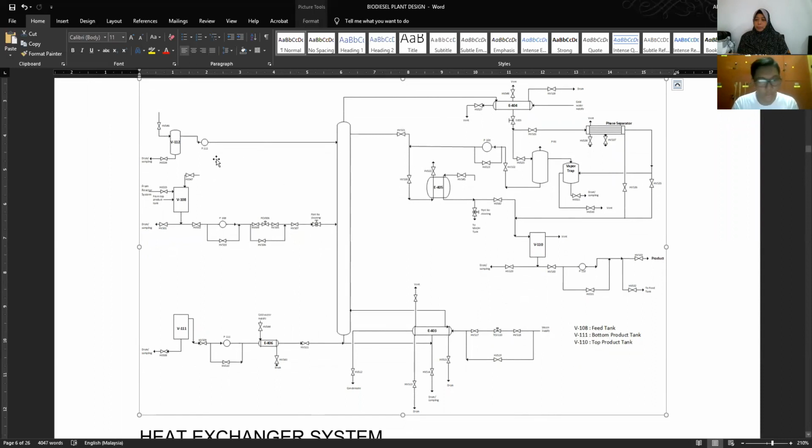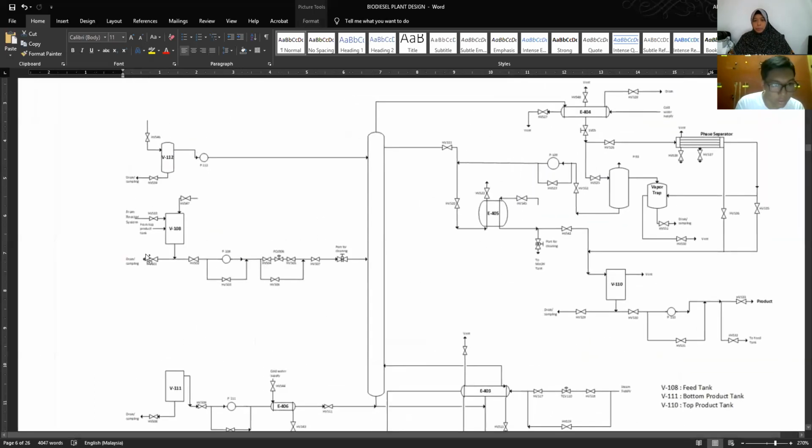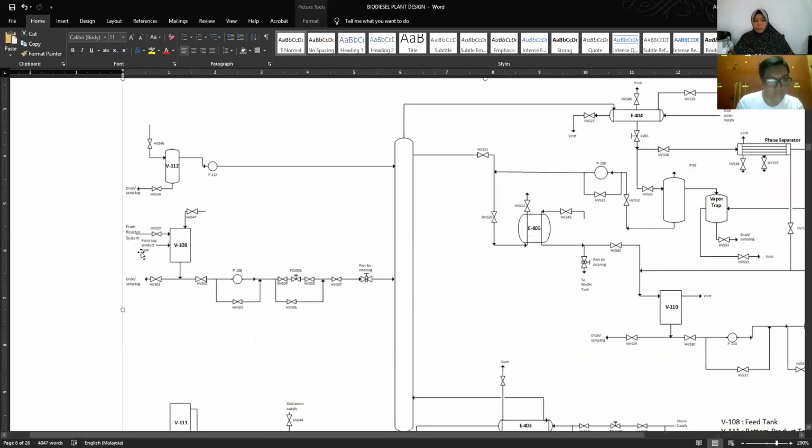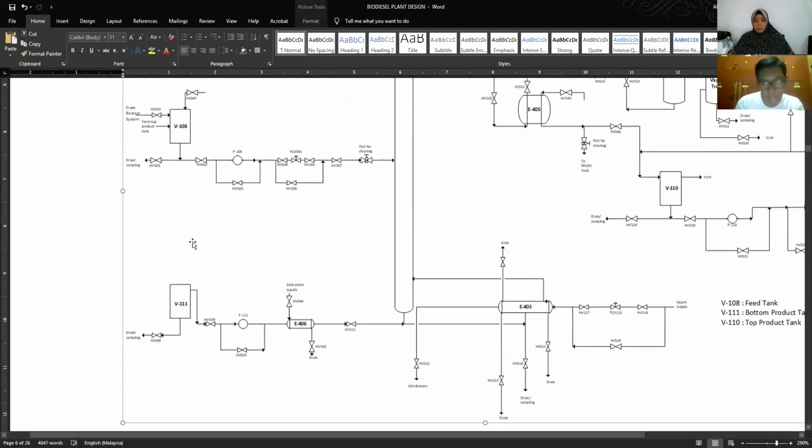V108, which is here, is the feed tank. V111 is the bottom product tank, and V110 is the top product tank. The feed will enter from the reactor system, and from the top product tank we enter the feed tank.